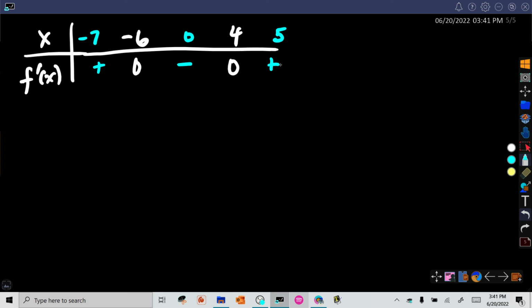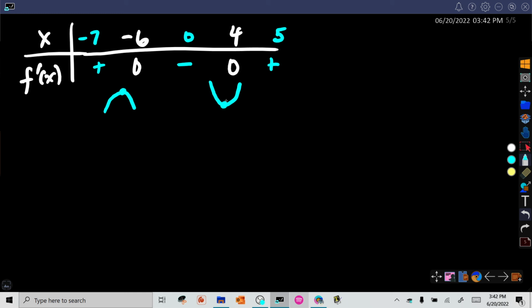So notice what happens. The slope, the f prime, the derivative, remember, represents the slope. This thing is switching from positive to negative, so this corresponds to a max. And over here, it's going from negative to positive, so it corresponds to a min.